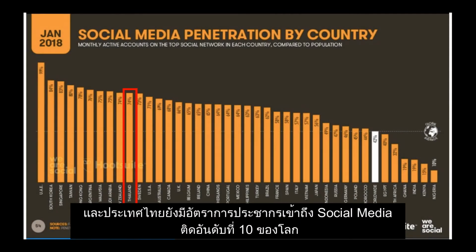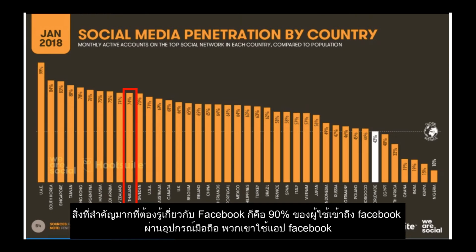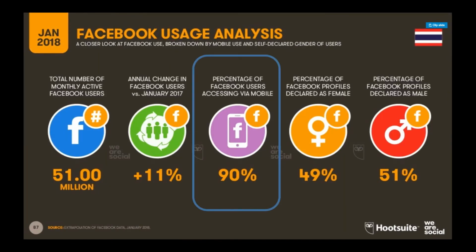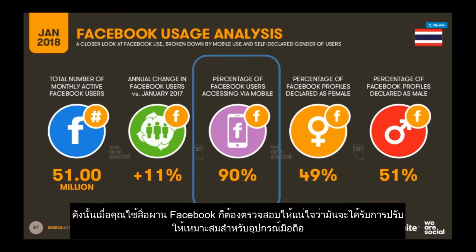Thailand ranks number 10. This is social media penetration by country globally. Thailand ranks in the top 10, another reason why Facebook is so important. What's very important to know about Facebook is that 90% of their users access Facebook via a mobile device.